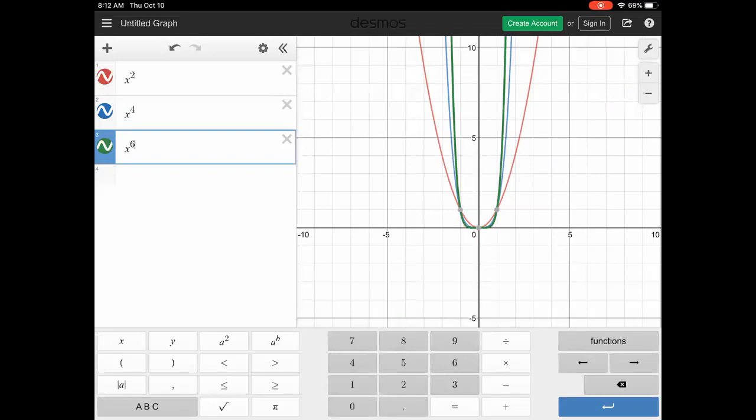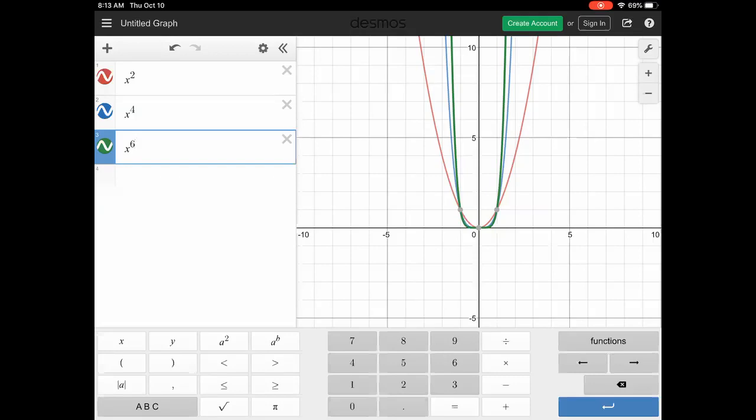Okay. So what happens, and they're kind of indicated by their colors, is we've got x squared here, kind of just touching briefly at the origin and then taking off again, wide. And then as our powers increase, it's getting flatter and flatter around the origin, but also narrower and narrower.